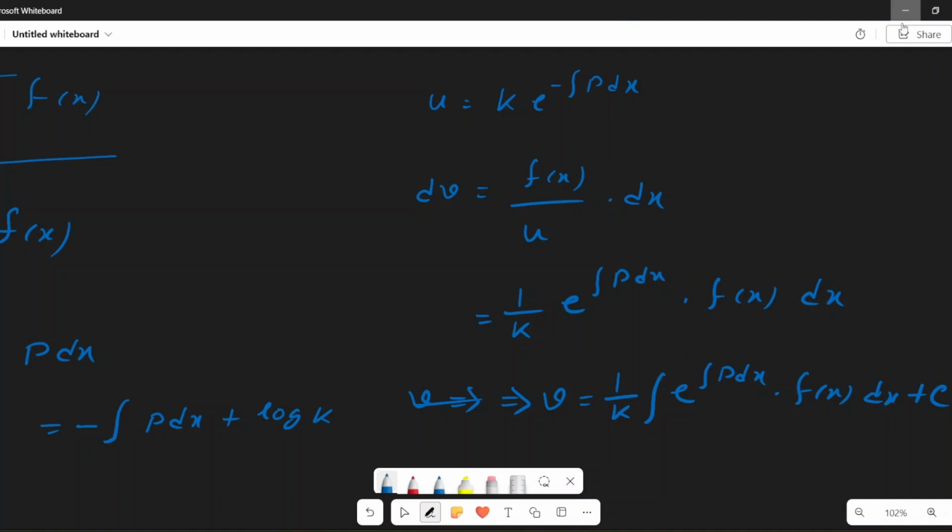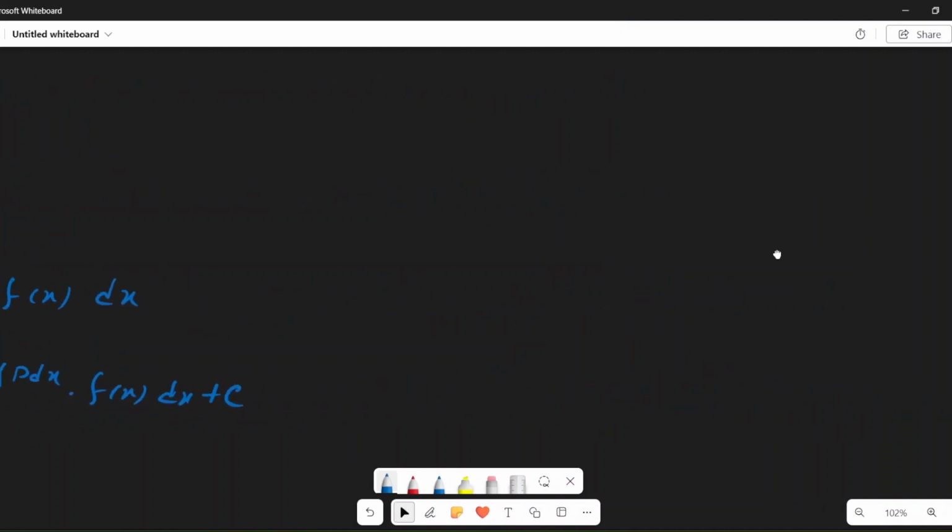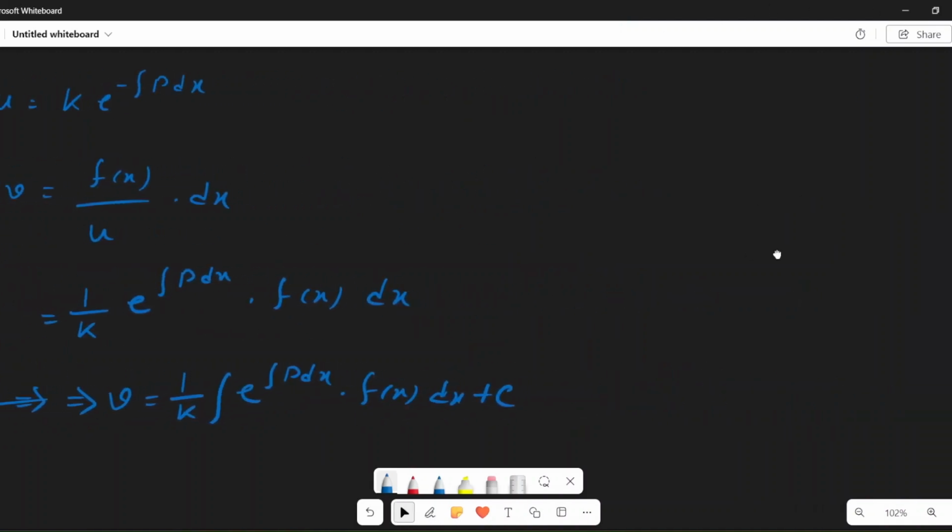Now we have the u and v both, so we can write that y is equal to u times v.